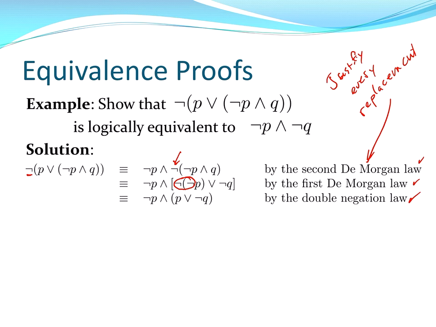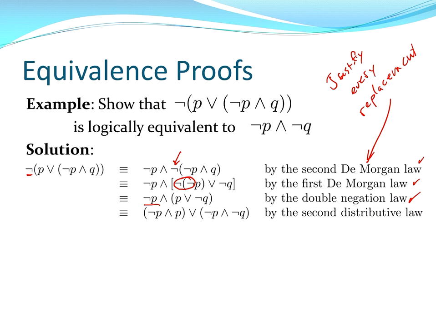Well, one thing we might do is use the distributive property because we have a conjunction over a disjunction. So let's use the distributive property next. And that way we basically distribute this negation of P into that disjunction.